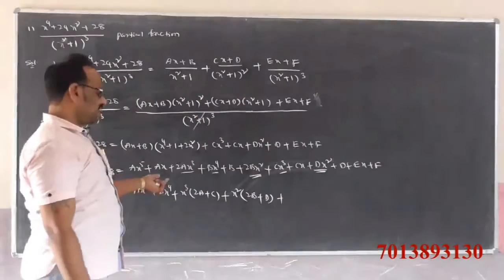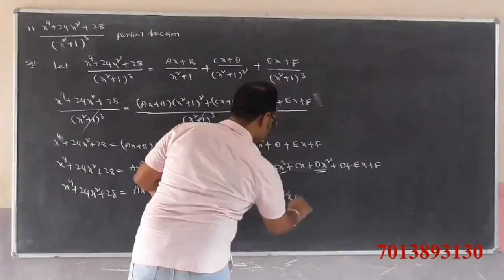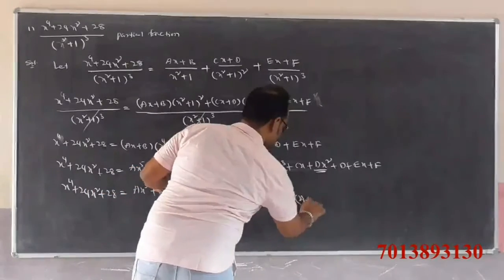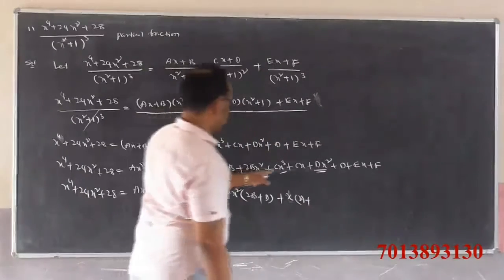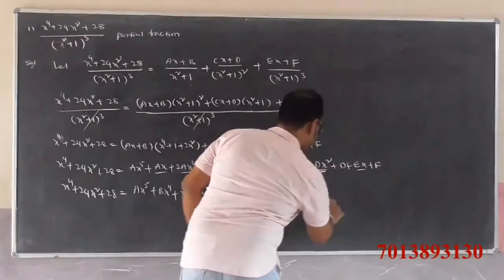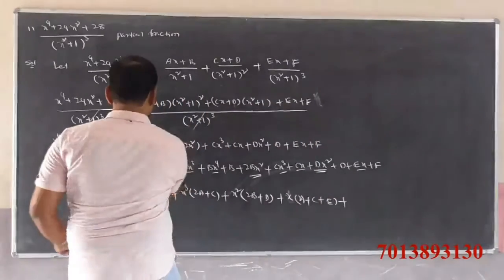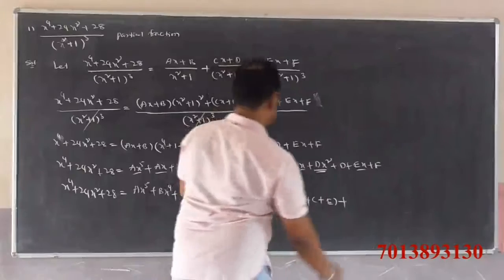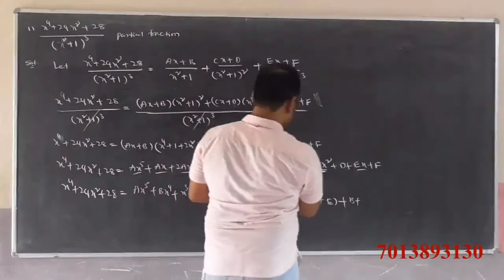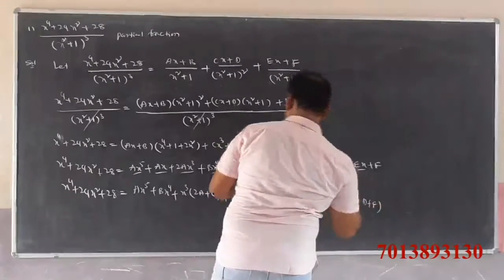Plus, again x terms, take x as common, we get (a + c + e). Plus constant terms, b plus d plus f is the constant.